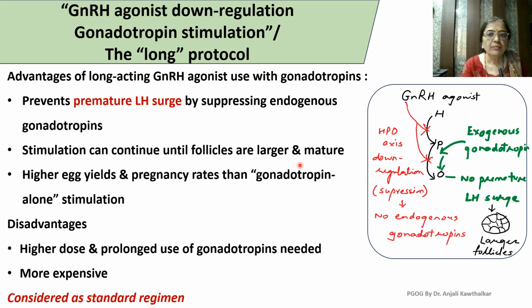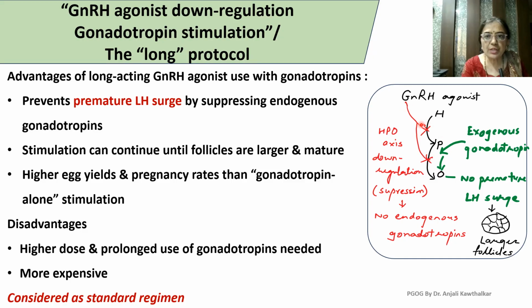Now we start with the commonly used ovulation stimulation regimes under the IVF program, and the first is called the long protocol, where we are using GnRH agonist down regulation and gonadotropin stimulation. As the name suggests, GnRH agonist is doing a down regulation. That means it is suppressing the hypothalamo pituitary ovarian axis.